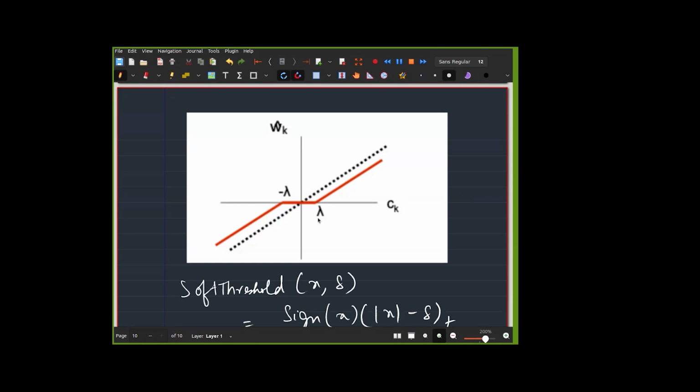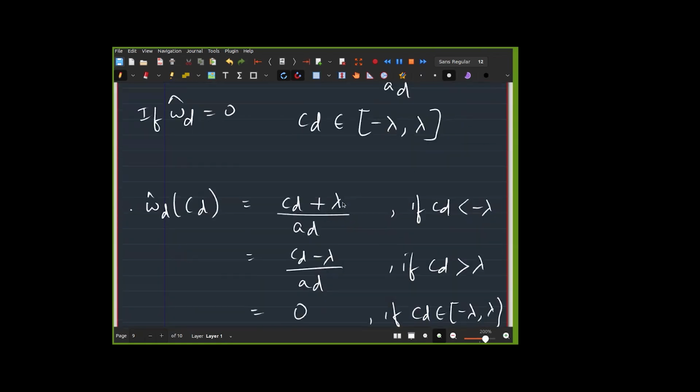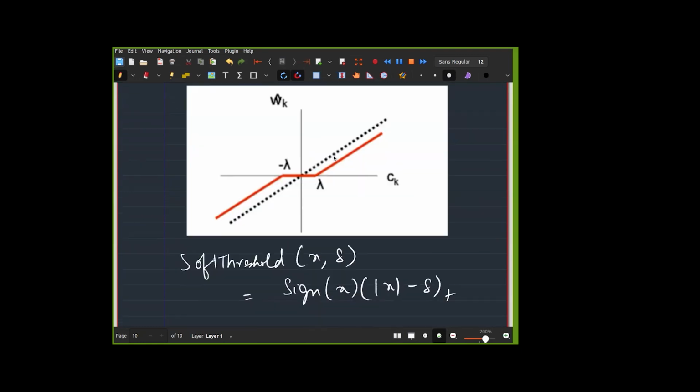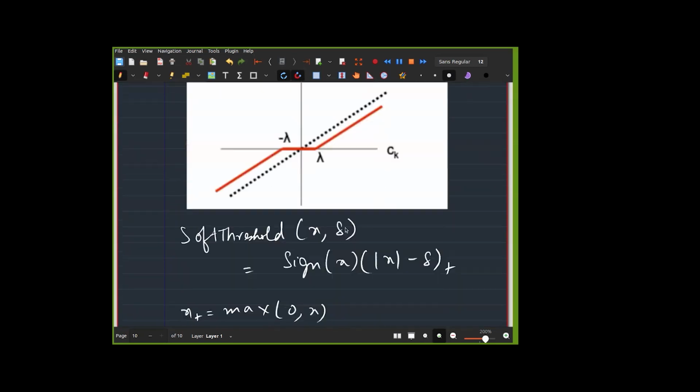That's what is happening: if your CD is between minus lambda and lambda, we make it zero. Otherwise, we shift it by this quantity, lambda by AD. So we subtract lambda by AD or add lambda by AD, depending on the situation. Okay, so that's soft thresholding.